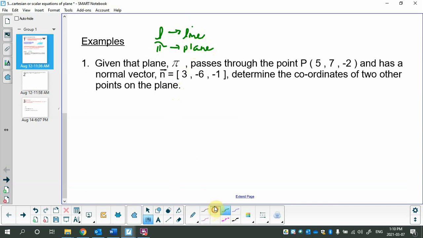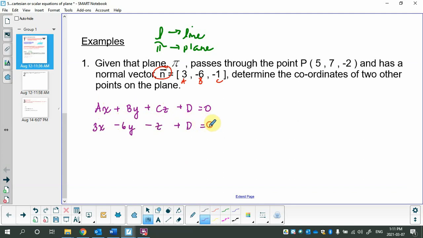The second thing I want to scribble is that that's A, that's B, and that's C, because we are given a normal vector. So when I dig out the form of a Cartesian equation of a plane, the first thing I get to do is I get to put the 3 in here, the negative 6 in here, the negative 1 in here, and my d remains unknown.